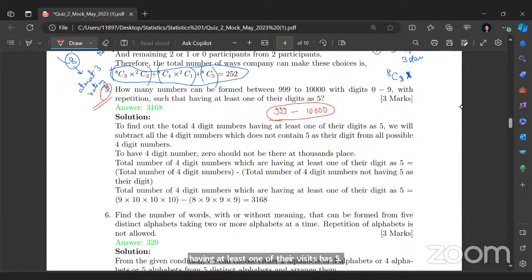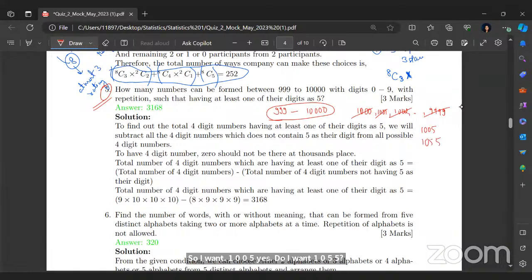So you see, between 999 and 10,000 you have all the numbers from 1,000, 1,001, 1,002, and so on till 9999, right?